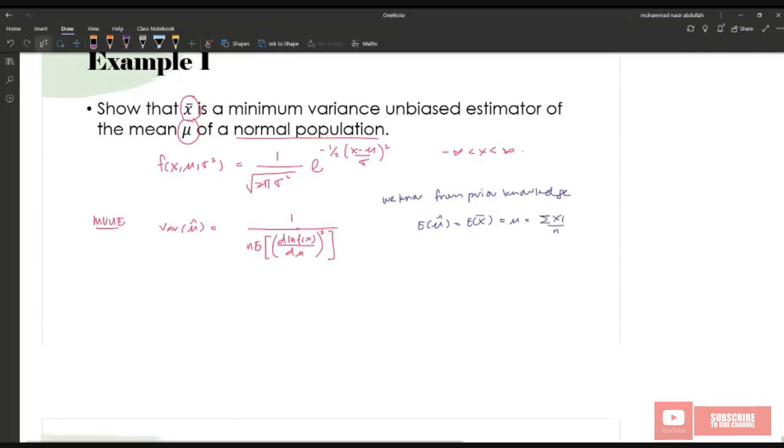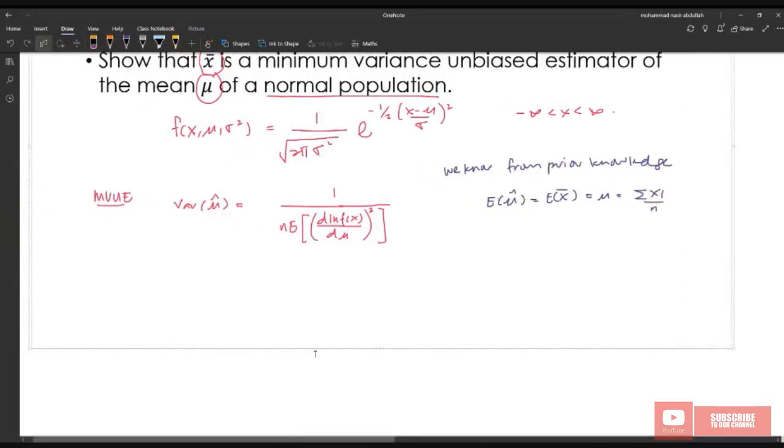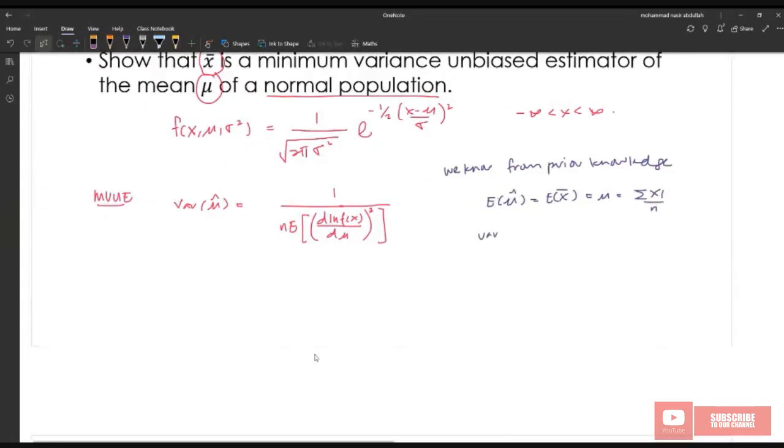This is the first theorem in chapter number 1, if you can still remember. This is a theorem for sampling distribution. And the variance of mu hat, which is the variance of x bar, is equal to sigma squared divided by n. So this is theorem number 1, chapter 1, from prior knowledge.